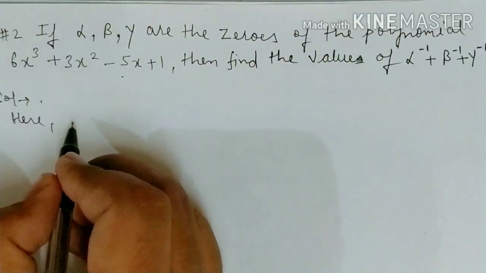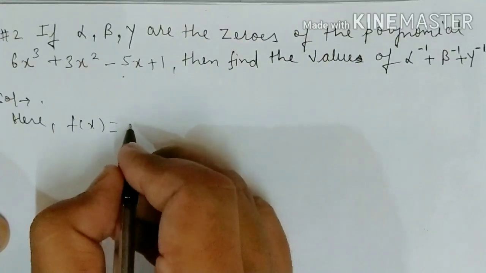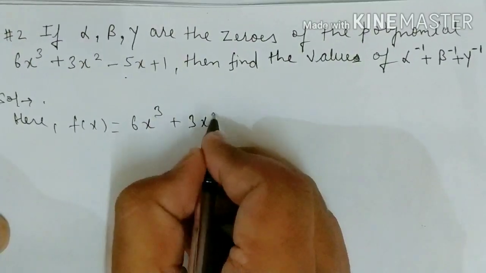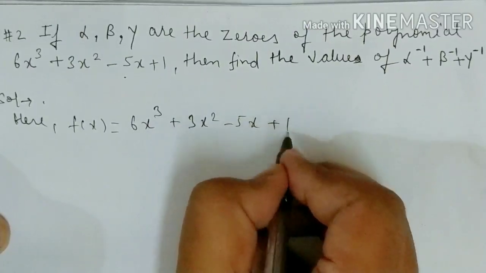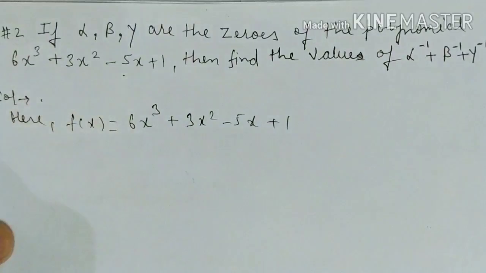What is given? First we will write the given polynomial. So here f of x or p of x, whatever you want to write, you can write 6x cube plus 3x square minus 5x plus 1. Yes. Now what value we have to find?